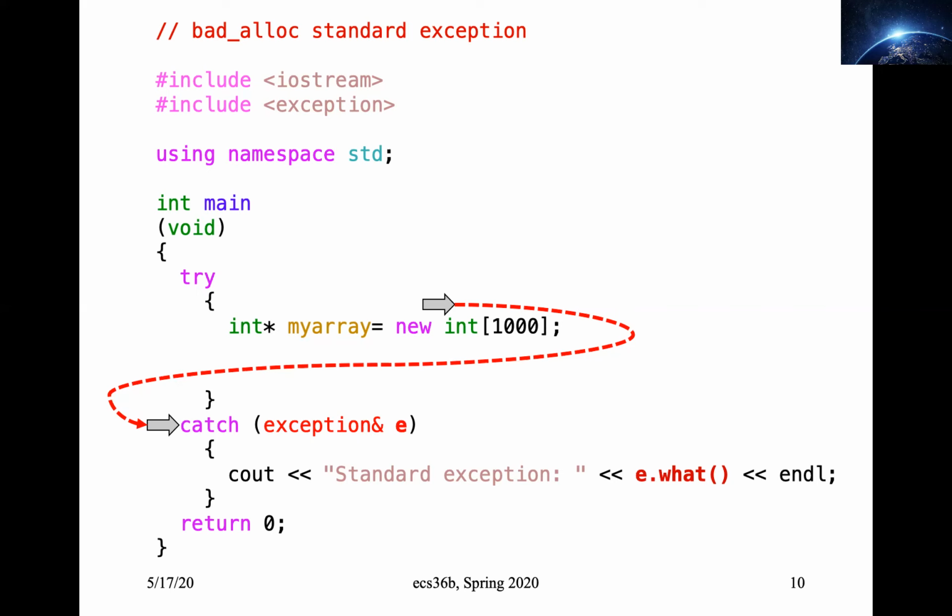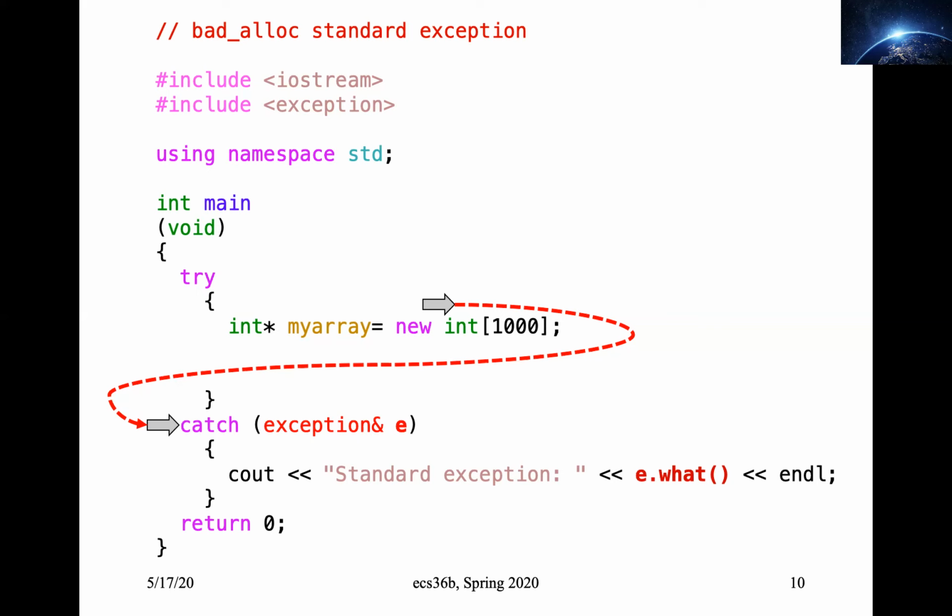There are two things standard here. Number one, bad allocation is standard. It means that anytime you allocate memory using malloc or using new, and the language realizes that the memory allocation failed, it will generate a bad_alloc exception.